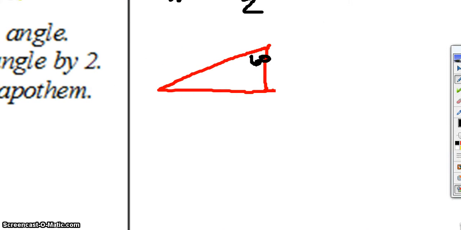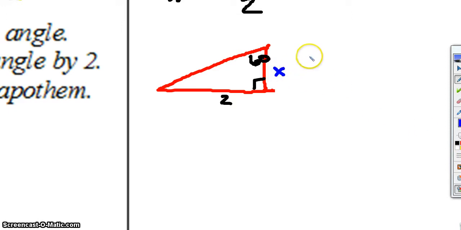So when we take a look at this triangle, we have a 90 degree angle, and we have a side of 2. And we want to find our apothem. We're going to call it x here, but we know that x is our apothem. So we're going to use some trig.